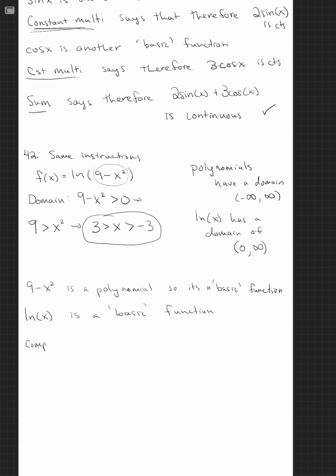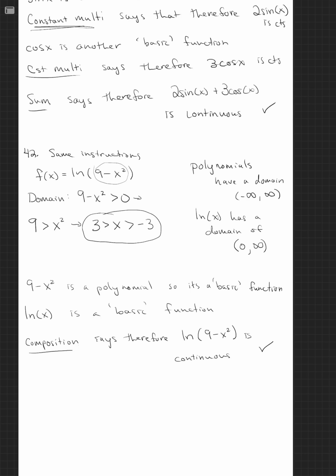And the composition rule says, therefore, ln composed with 9 minus x squared is continuous. Right? So if we have one continuous function and we put it inside another continuous function, then we're going to have a continuous function. That's what the composition rule says.